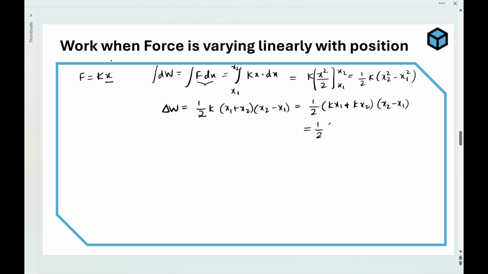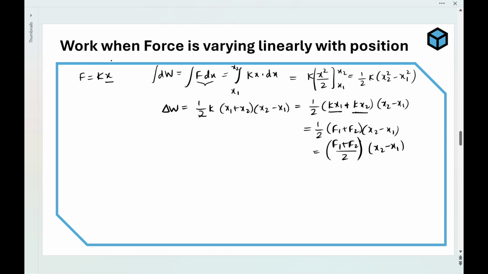So this would be half into F1 plus F2 into x2 minus x1. What is F1? F1 is nothing but kx1, the initial force, and kx2 is the final force. So we can write F1 plus F2 by 2 into x2 minus x1.